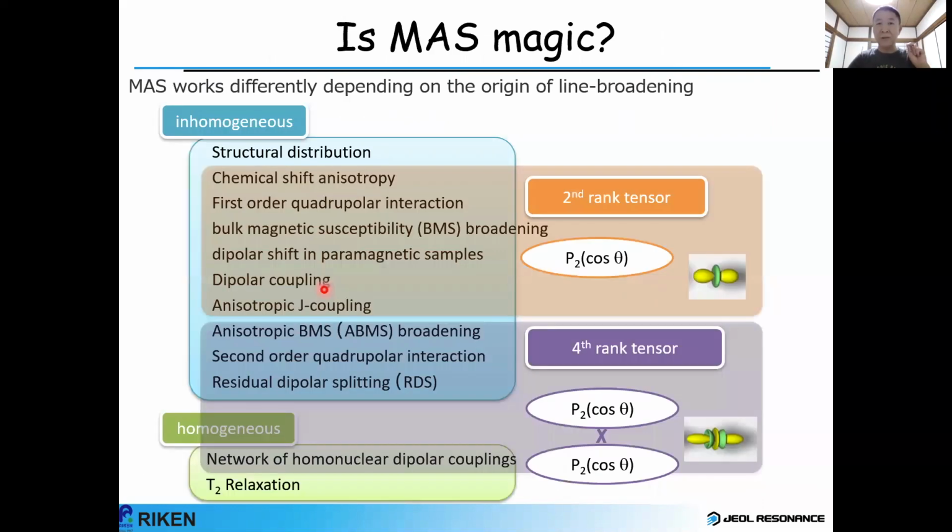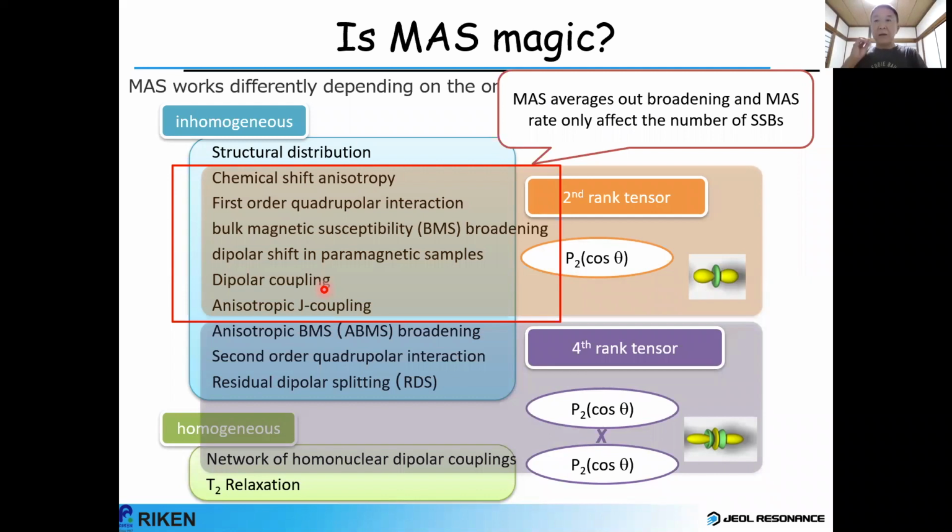One question is, is magic angle sample spinning magic? You can see this broadening can be removed with magic angle sample spinning. Yes, it is quite useful for a particular kind of broadening, but for other broadening, magic angle sample spinning doesn't work. That depends on the source of the broadening.